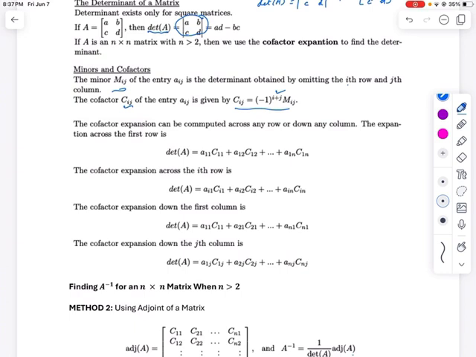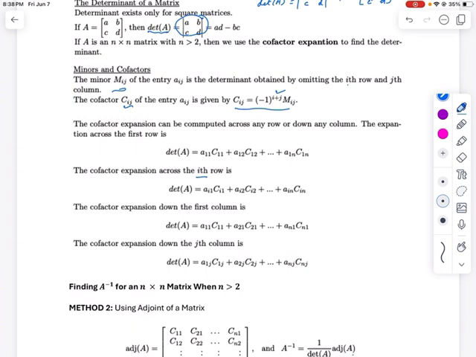Here are some formulas for finding the determinant. We can use any row or any column of the matrix to find the determinant. The formula goes, if you have the ith row, ai1 times Ci1.